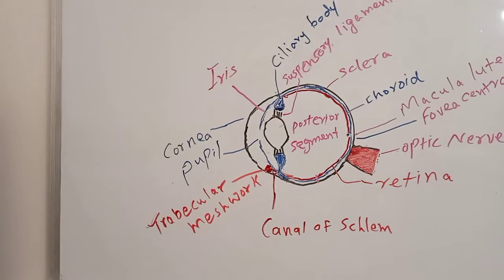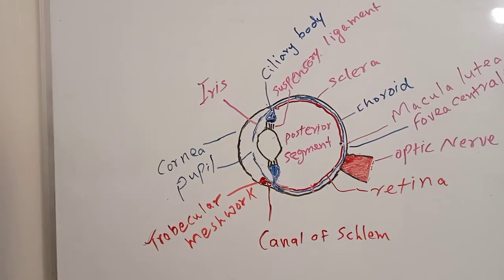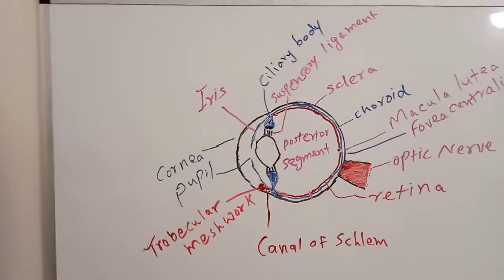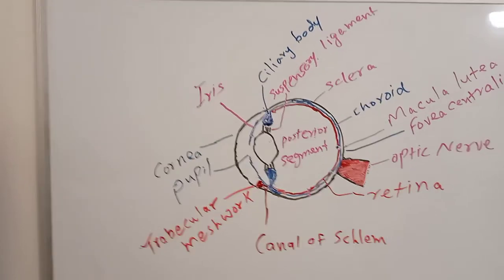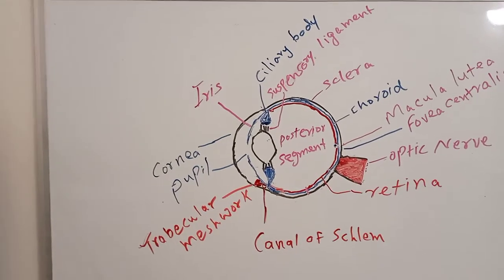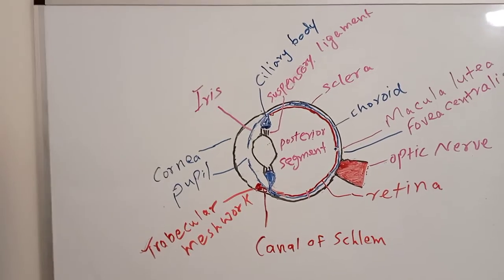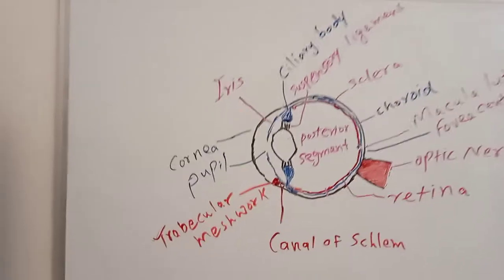It is covered by a transparent capsule. It is a curved structure that focuses images on the retina. It is held in place by suspensory ligament from the ciliary body. It is enclosed in a clear capsule and is located behind iris and pupil.